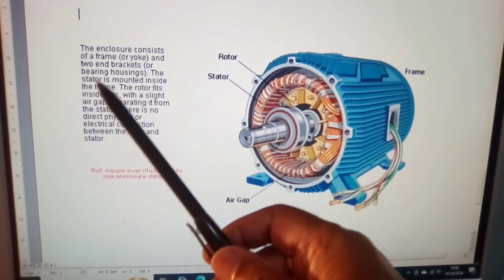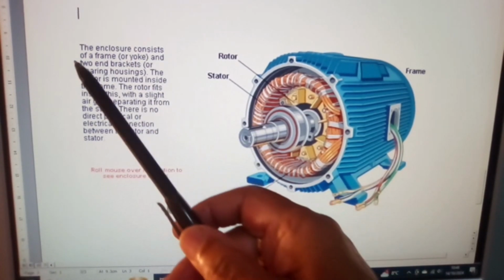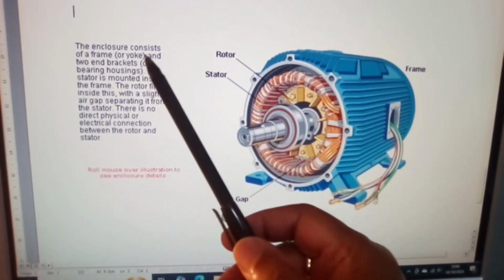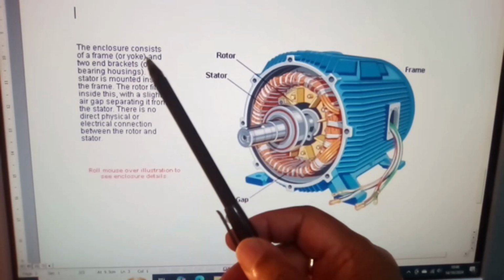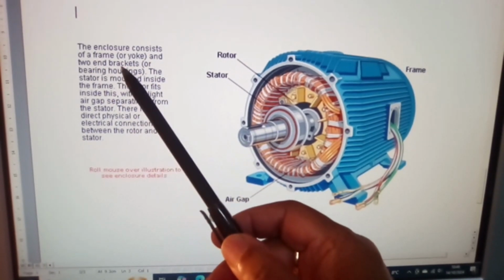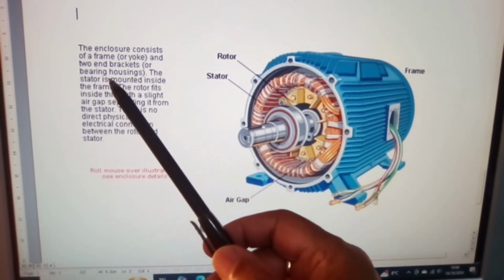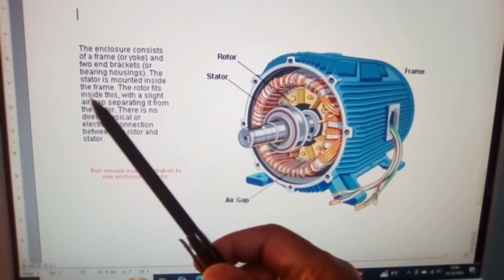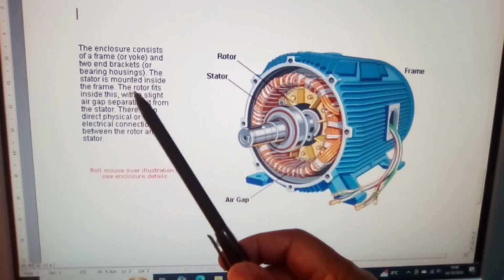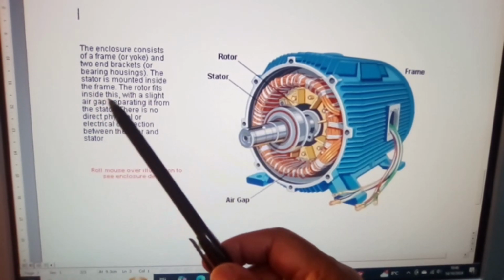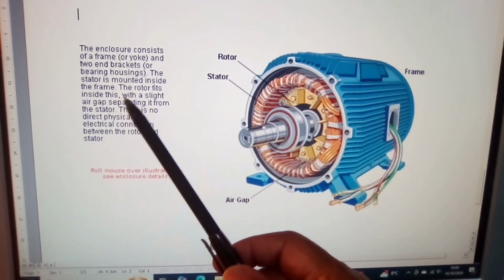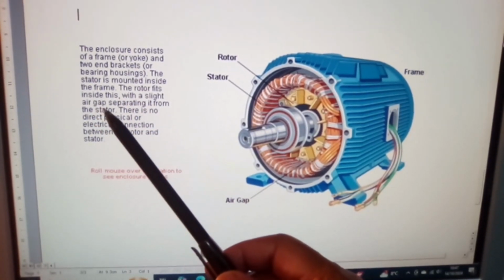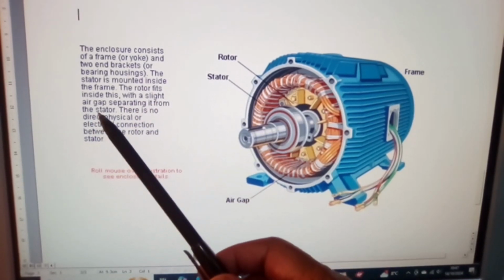The enclosure consists of a frame or yoke, and two end brackets or bearing housings. The stator is mounted inside the frame. The rotor fits inside this frame with a slight air gap separating it from the stator.